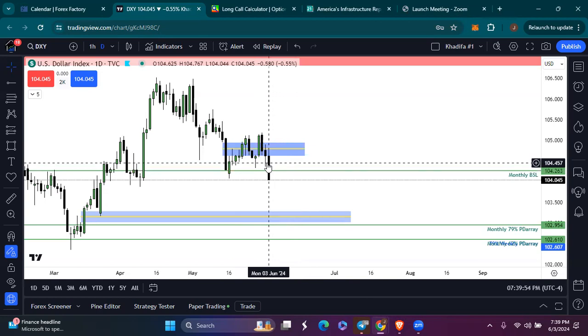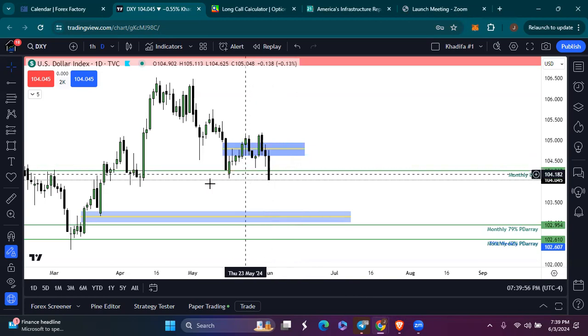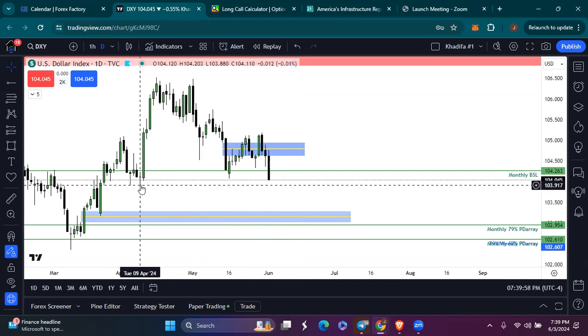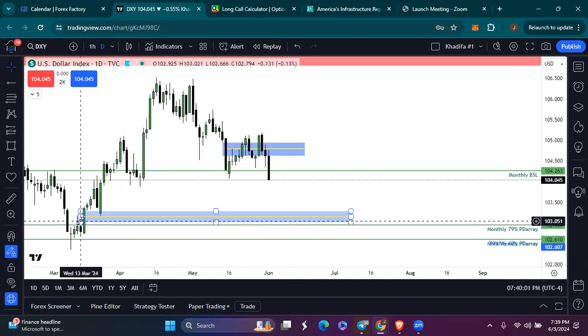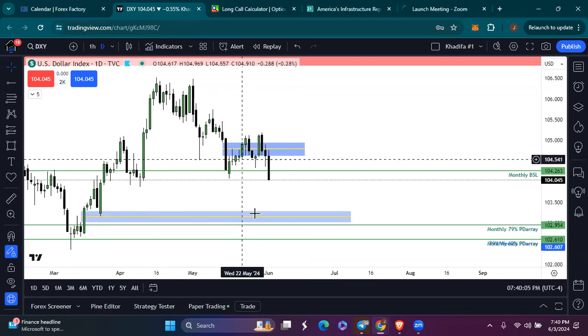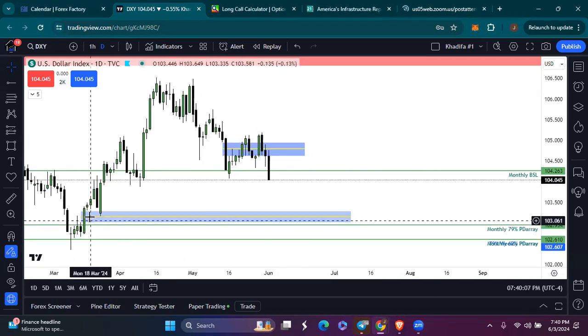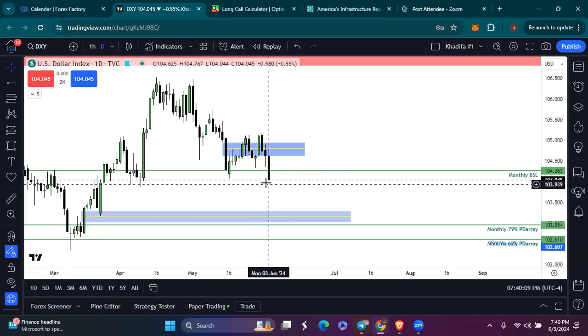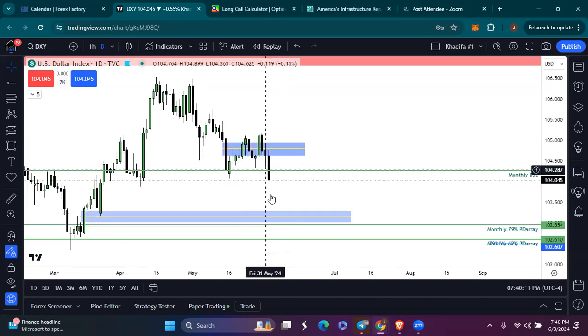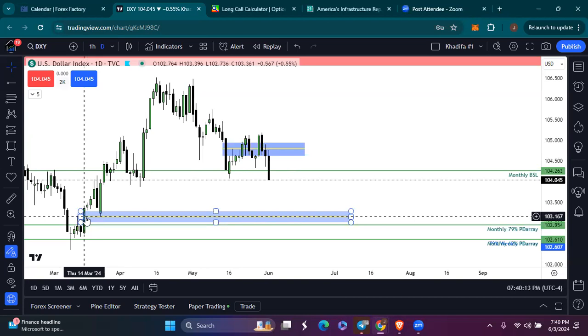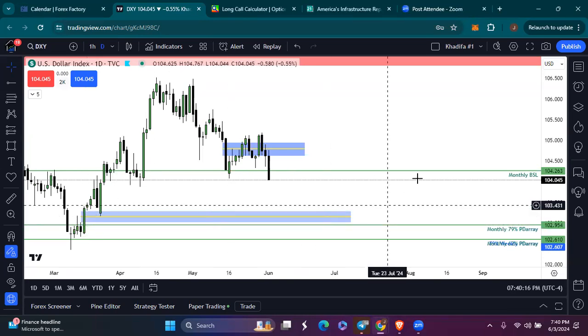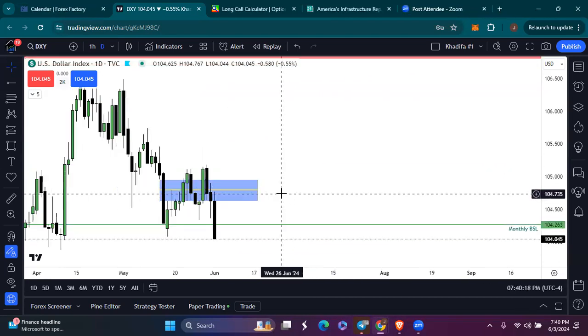So I am looking for us to run this swing low and come down into this daily fair value gap from March the 14th. That's where my target is set for the dollar index.